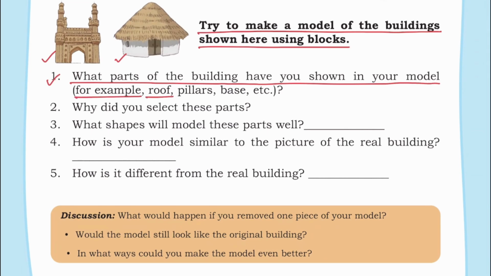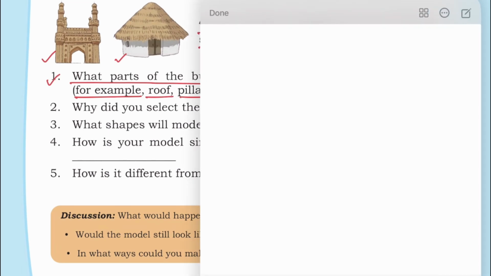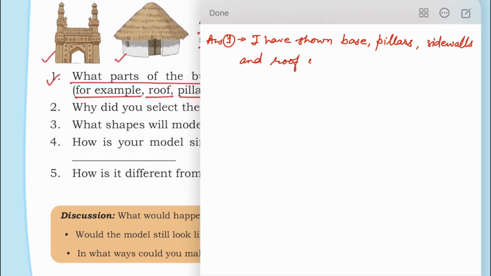For example, roof, pillars, base, etc. The answer is: I have shown base, pillars, side walls, and roof of the building in my model.